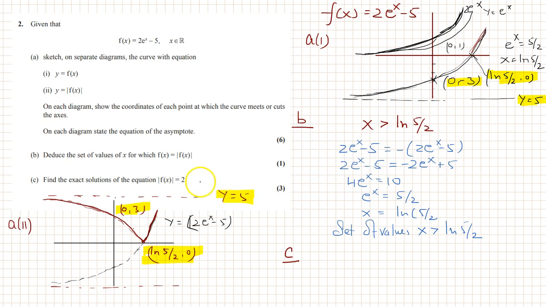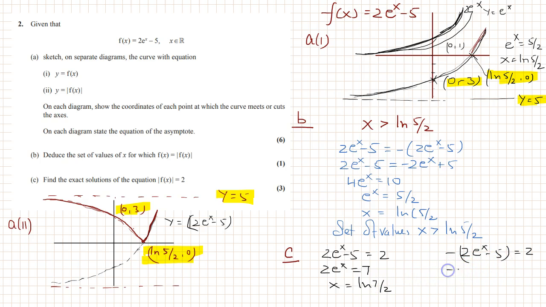Now part C, mod f(x) is 2. So find the exact solution of this. So mod f(x) means 2e^x minus 5 is equal to 2, or 2 minus 2e^x minus 5. So either it's positive or it's negative. So if it is positive, 2e^x is equal to 7, so x is equal to ln(7/2).